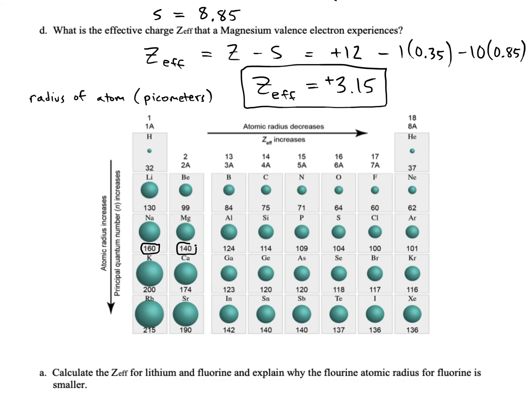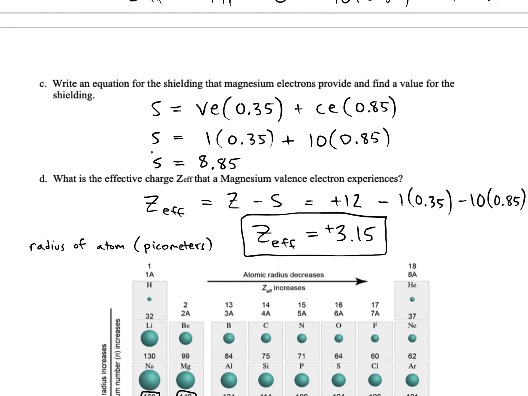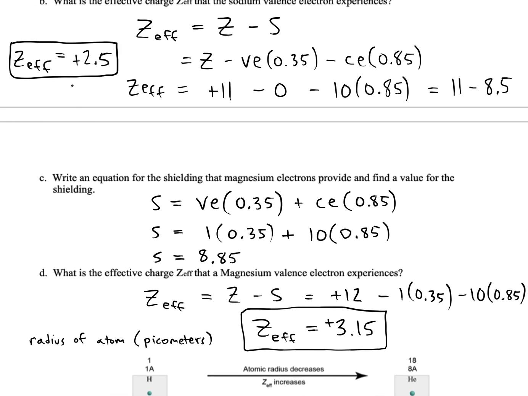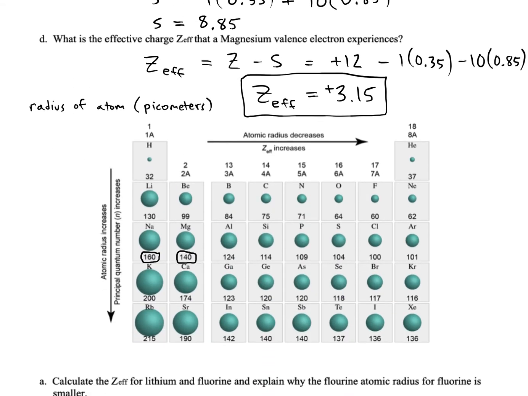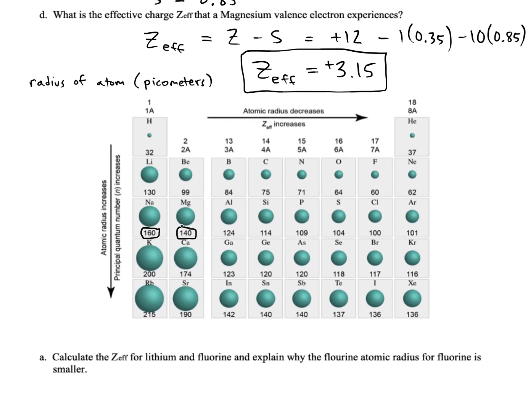Magnesium has a value of 140 picometers. And so magnesium's a smaller atom. The reason why is because those valence electrons are attracted more to the magnesium atom than they are to the sodium atom. And that's a trend we'll see, that as we get more and more valence electrons on the atom, there's going to be a stronger attraction.